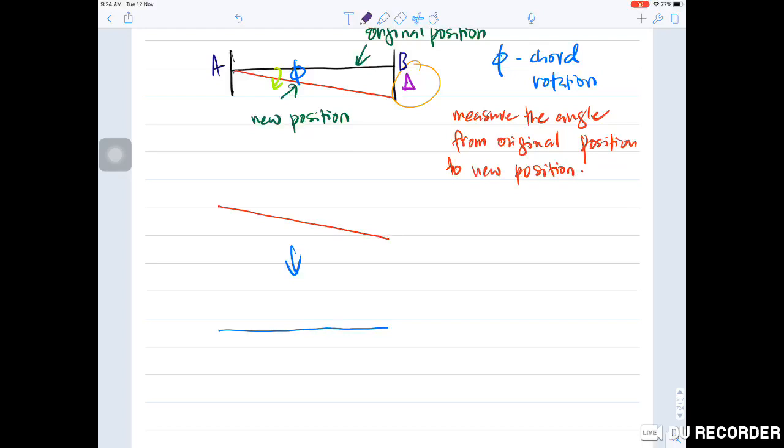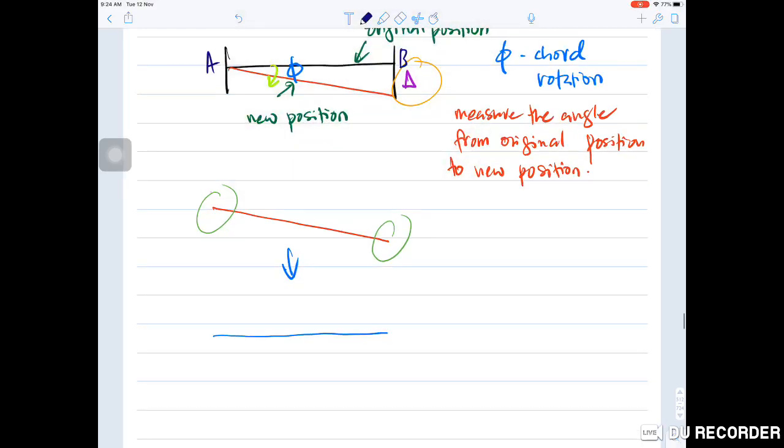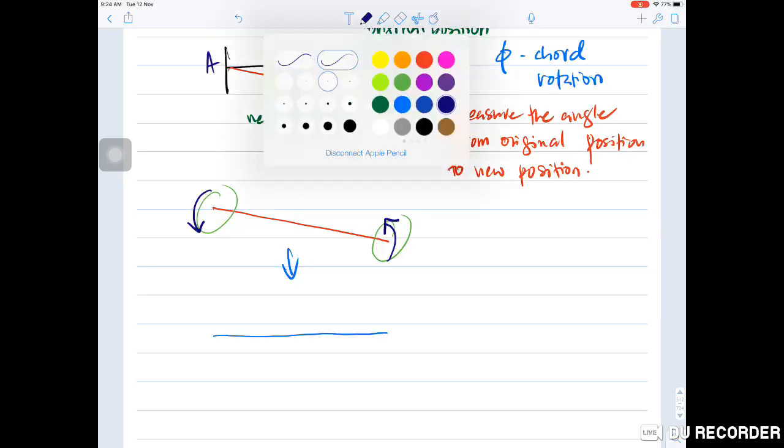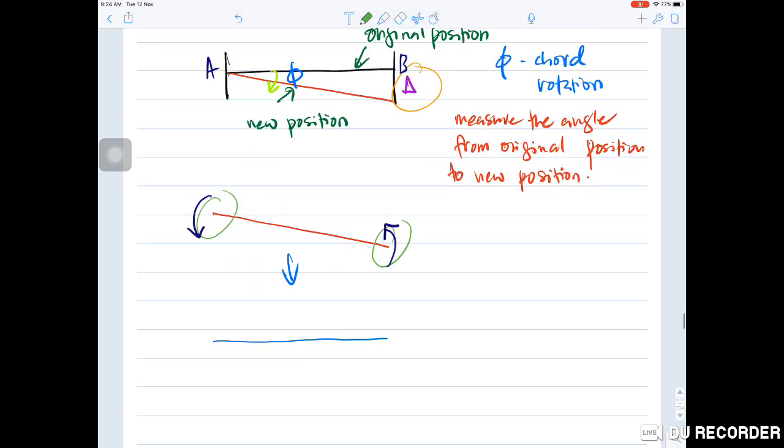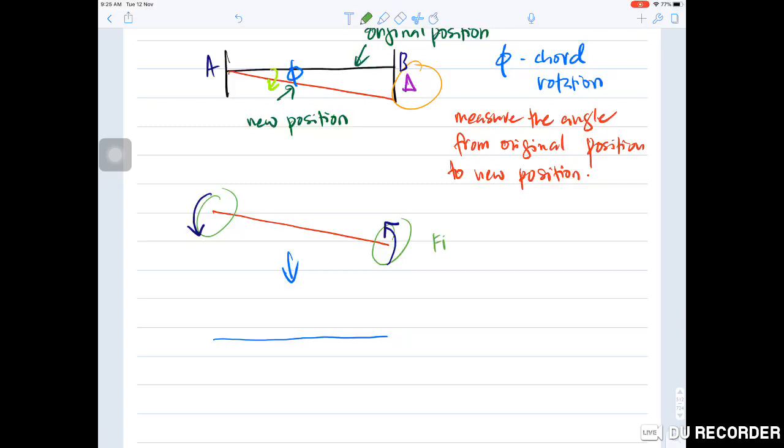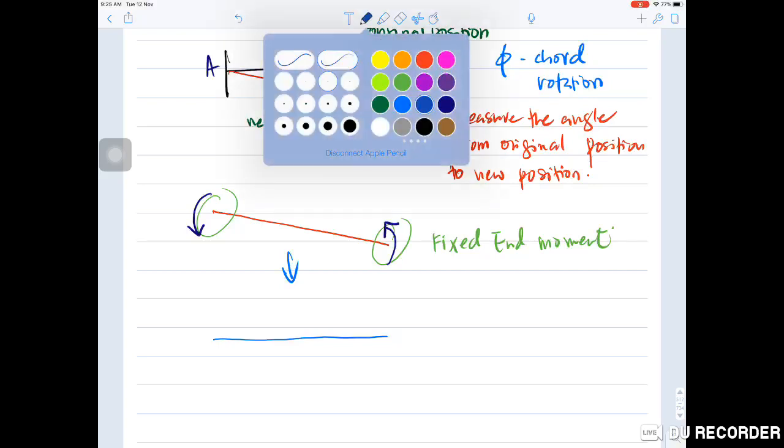Okay, so to push this point and this point to straight position, we need to apply moment like this. Then only the beam will go to straight position again. And this direction is fixed end moment.